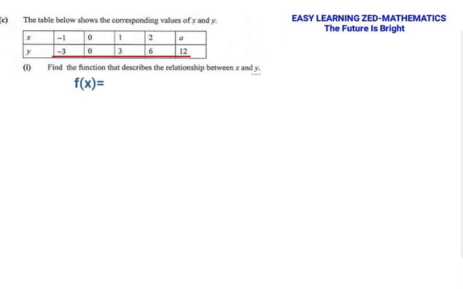To move from negative 3 to 0, we add 3 to negative 3, which gives 0. To move from 0 to 3, we add 3 to 0. To go to 6, we add 3 to 3 to get 6. To go to 12, there's a difference of 6 there.